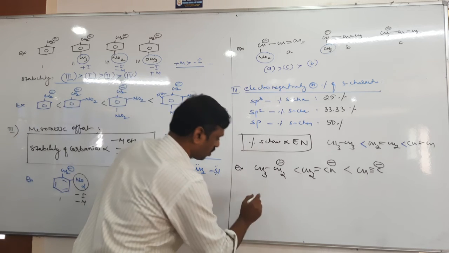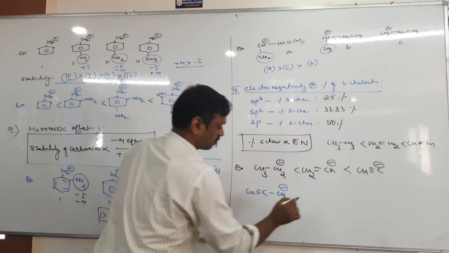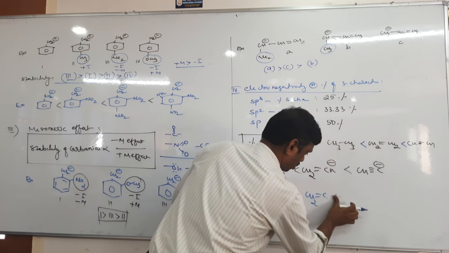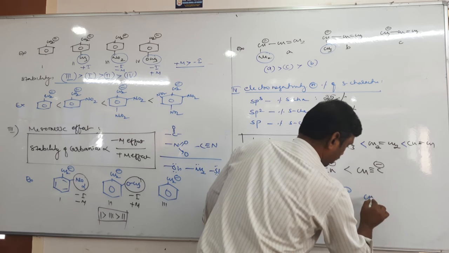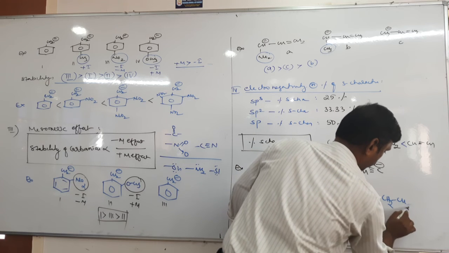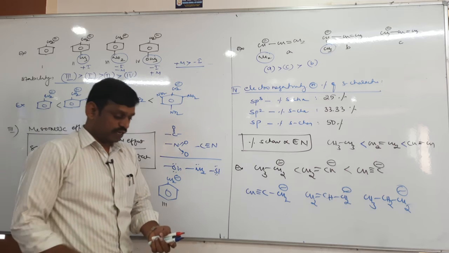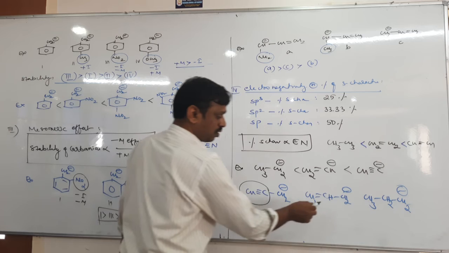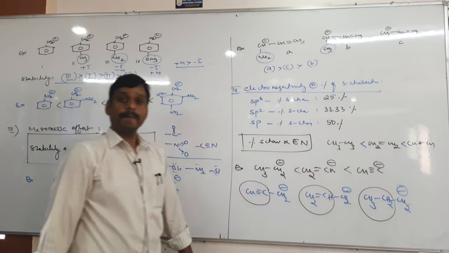For example, CH triple bond C, CH2 double bond C, CH, CH2 and CH3, CH2, CH2. Can you tell me the order of stability? You see it is sp carbon, sp2 carbon, and this is sp3 carbon, right?